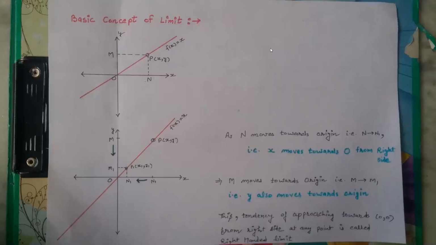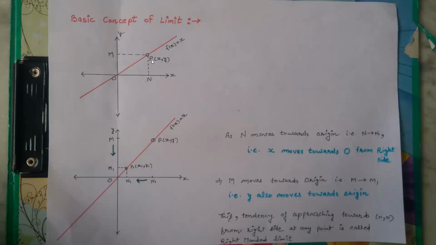Dear students, let us try to understand the basic concept of limit with a picture. Suppose there is the Cartesian plane xy. This is the line y is equal to x, inclined at 45 degrees to the x-axis.